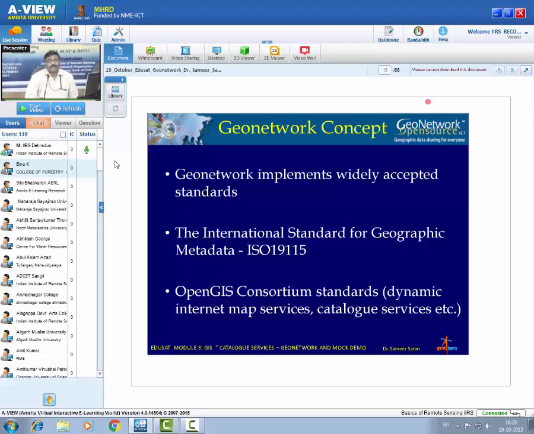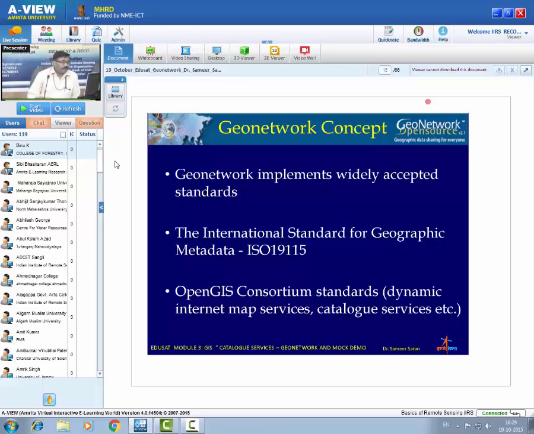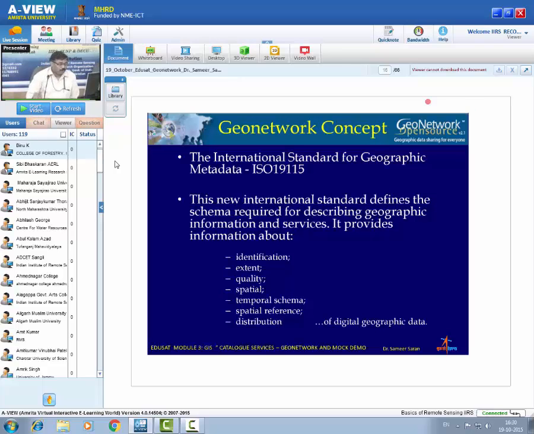Whatever standards are given for any raster or vector data are given under ISO 19115. The second part is the Open GIS Consortium standards, where you use WMS, WFS, or even WCS services. All those services can be used through GeoNetwork.